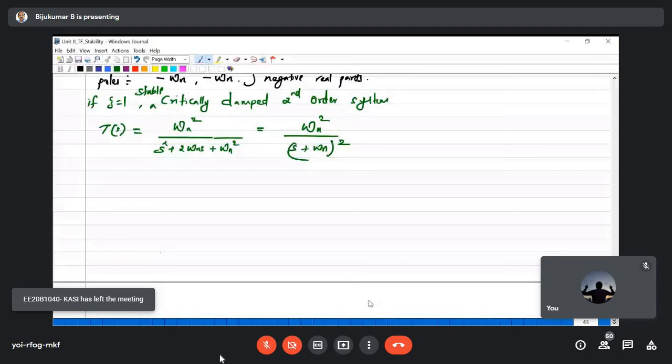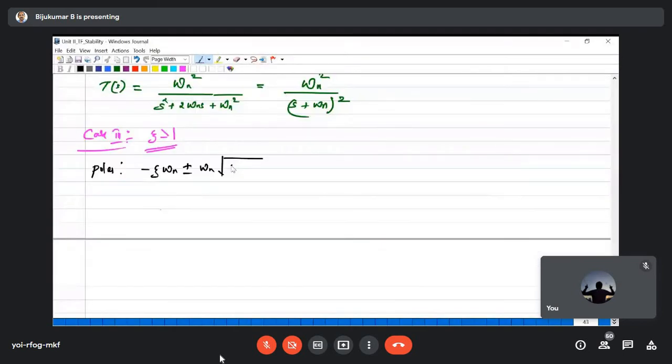So if zeta is greater than 1, what will be the poles? It is minus zeta omega n plus or minus omega n multiplied by root of zeta square minus 1, right?